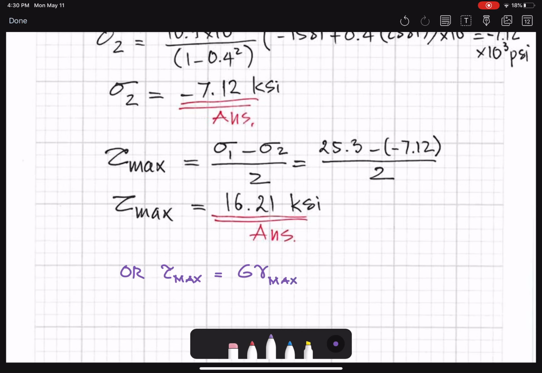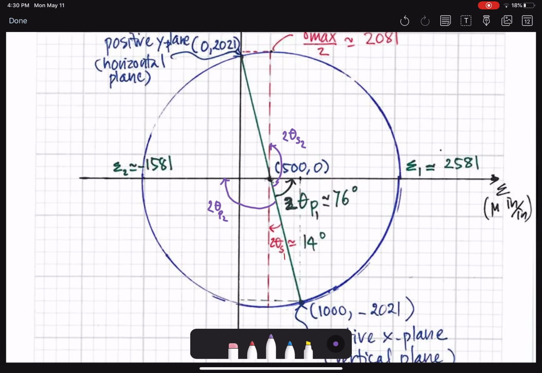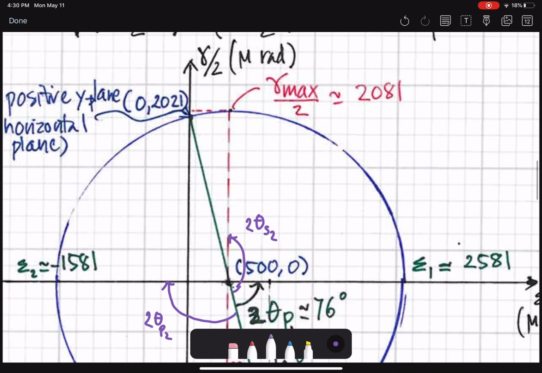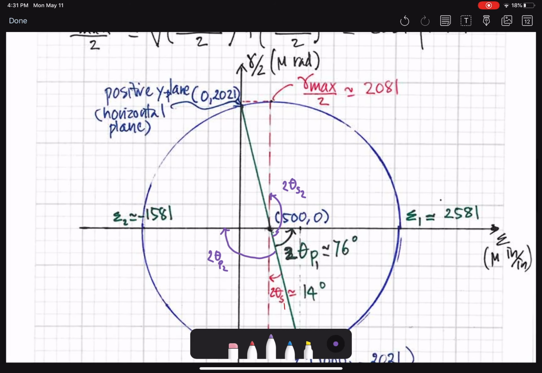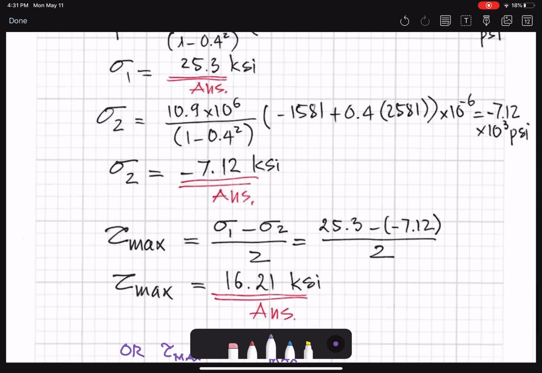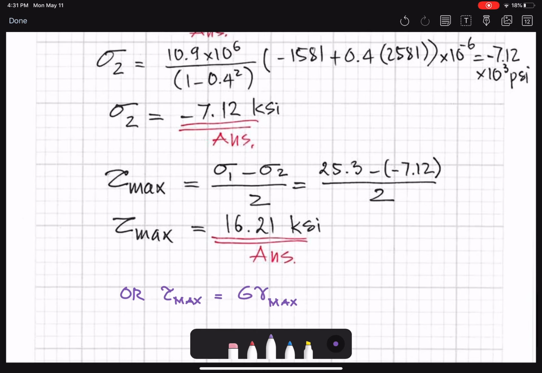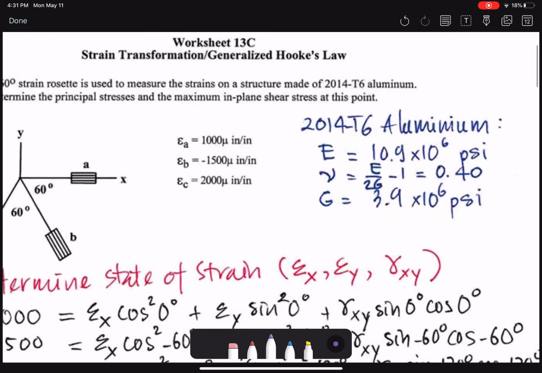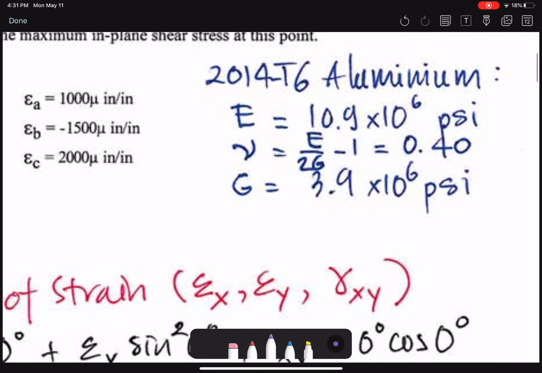And the gamma max we find from the Mohr circle, gamma max over 2 equal to 2081. So you can find that and should get a similar answer with the chi for the aluminum, which is 3.9 times 10 to the power 6 psi.